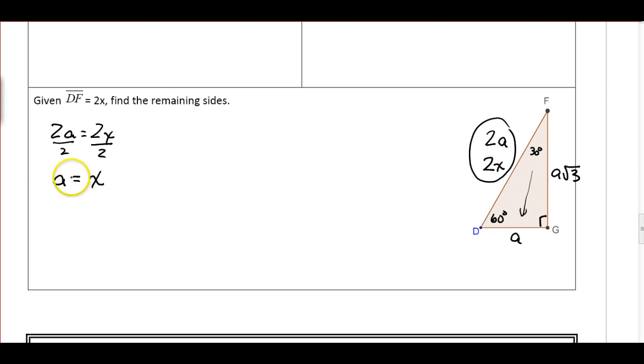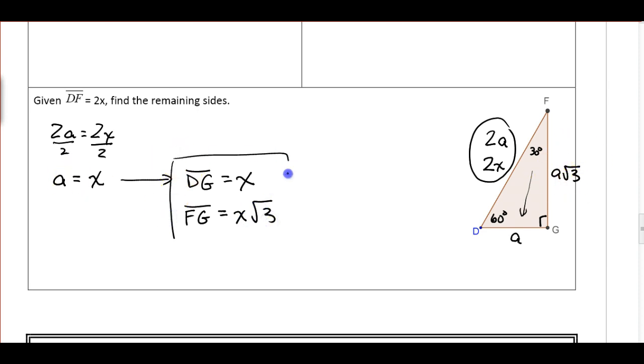Alright, so we're going to substitute in that x the same way we did before. So that means now that DG is equal to x. So instead of a number, we just have a variable. And FG is equal to x root 3. Again, just substituting in x for a. And here's my answer for this one.